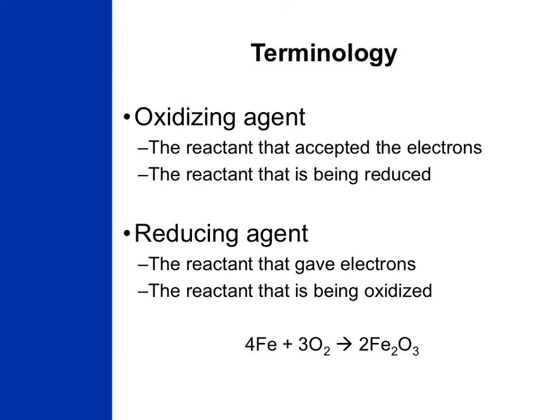If we look back at our example with the iron(III) oxide, we know the oxidation states of all the atoms: 0, 0, +3, and -2. We can then follow how the electrons are moving. The iron goes from a 0 to a +3. We know that's a loss of electrons, so that is being oxidized and is then the reducing agent.